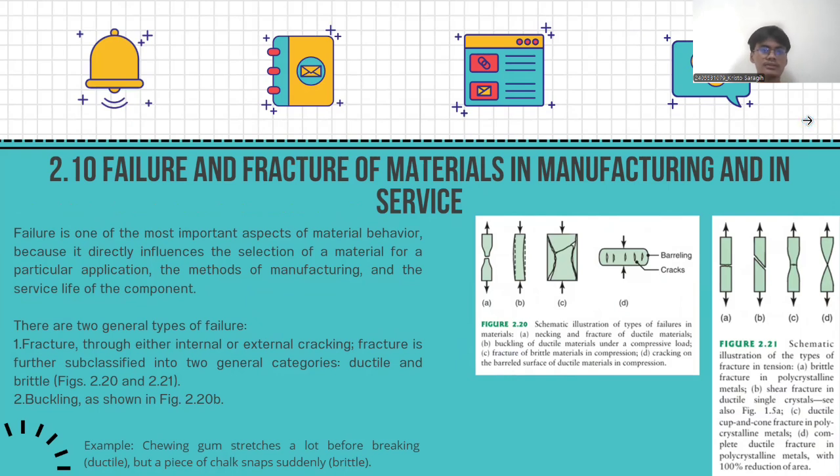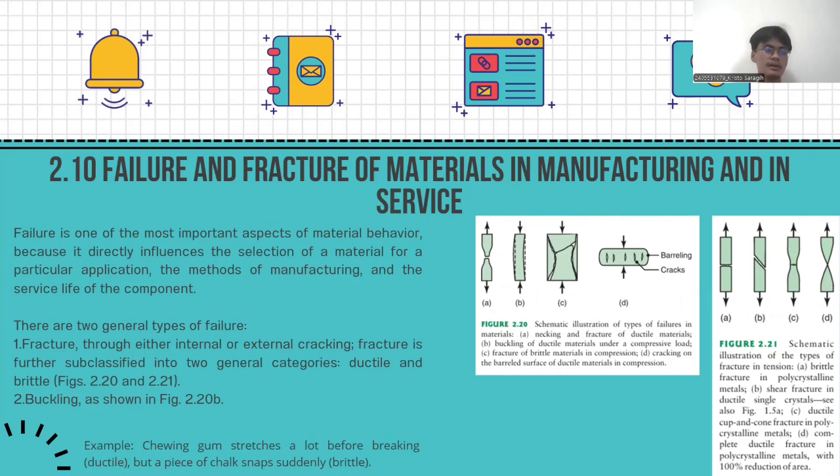Failure and fracture of materials in manufacturing and in service. Failure is one of the most important aspects of material behavior because it directly influences the selection of a material for a particular application, the methods of manufacturing, and the service life of the component. There are two general types of failure.